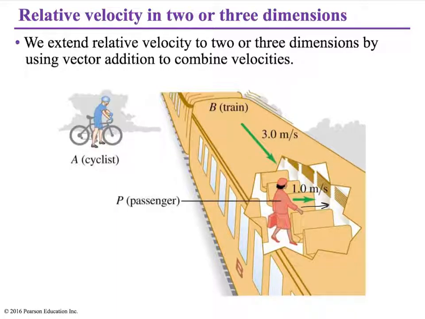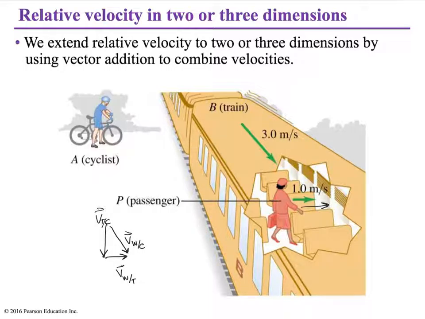Notice here now, the velocity of the train with respect to the cyclist is in this direction, but the velocity of the woman with respect to the train is in this direction. Notice that if we observe from a stationary point, she's going to be going at an angle. The velocity of the woman with respect to the cyclist ends up like this, at an angle.